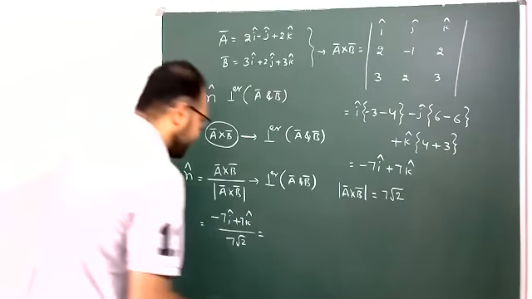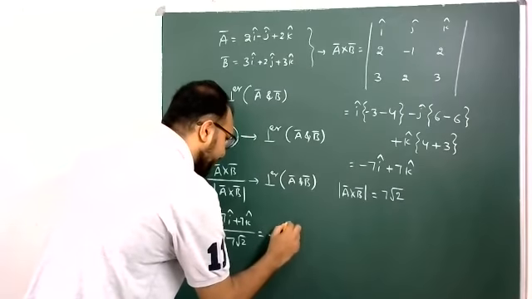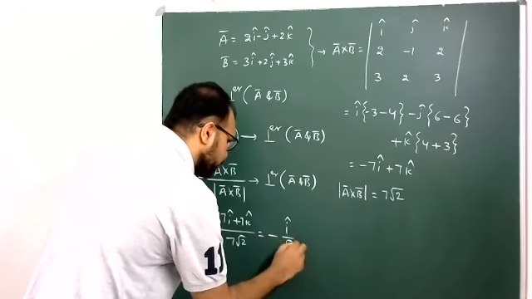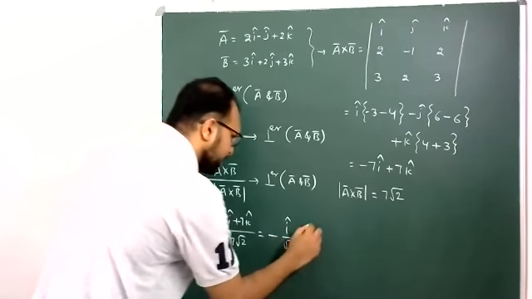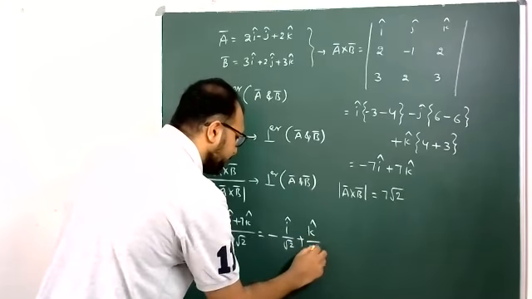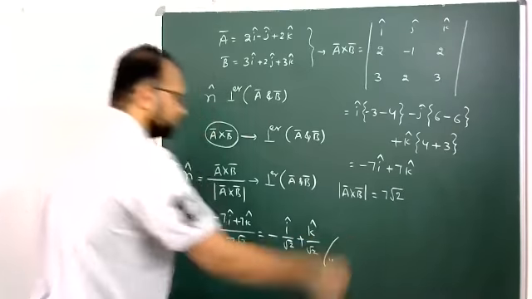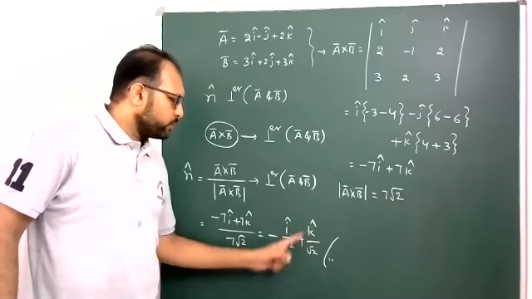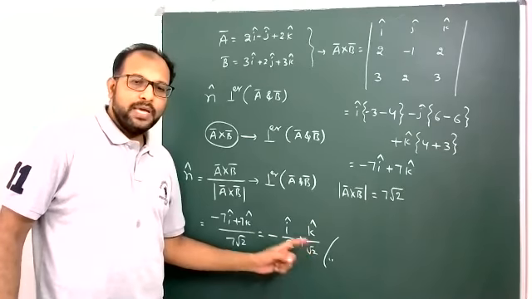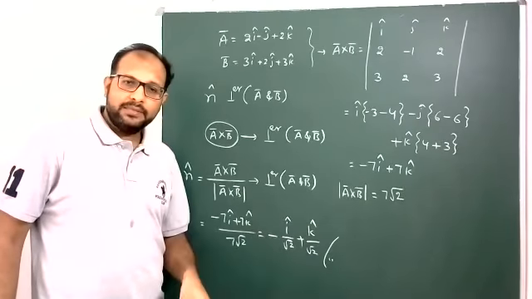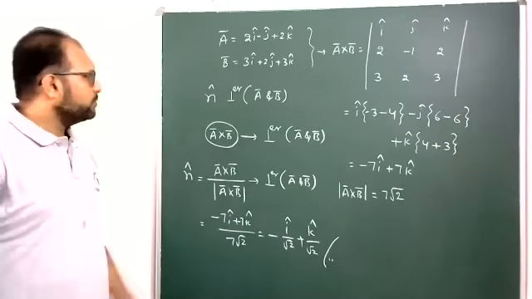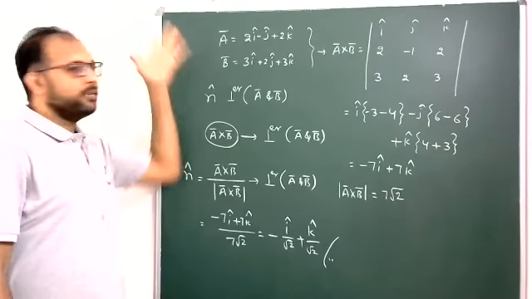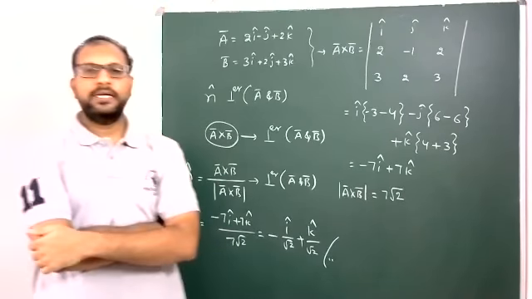Yes, 7 cancelled. Minus I cap by root 2 plus K cap by root 2 is the unit vector perpendicular to both A bar and B bar.